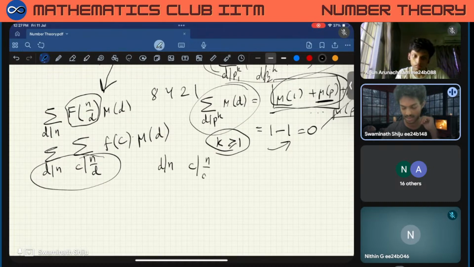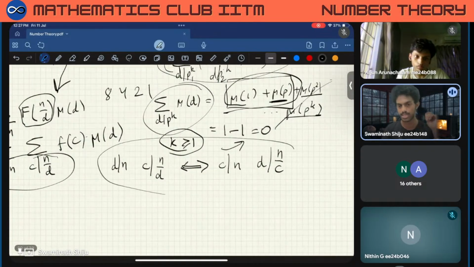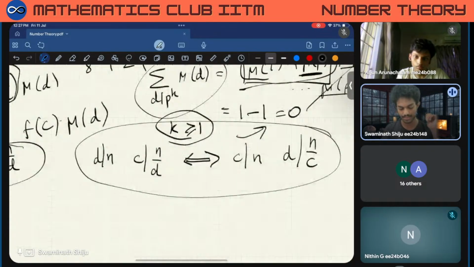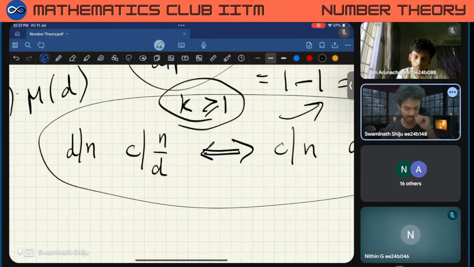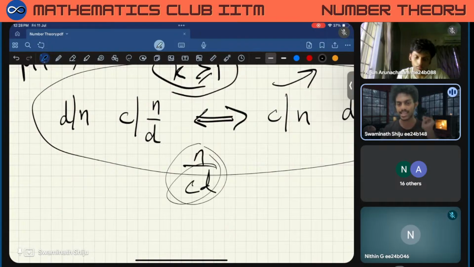I'm arguing this set is completely equivalent to c divides n and d divides n by c. Take a moment to understand what this means. What this basically means is that c and d together divide n.